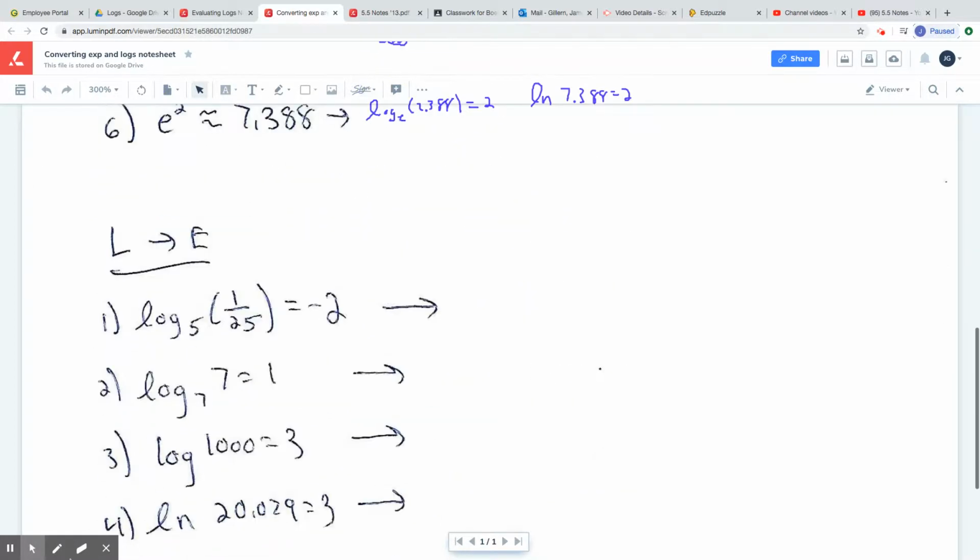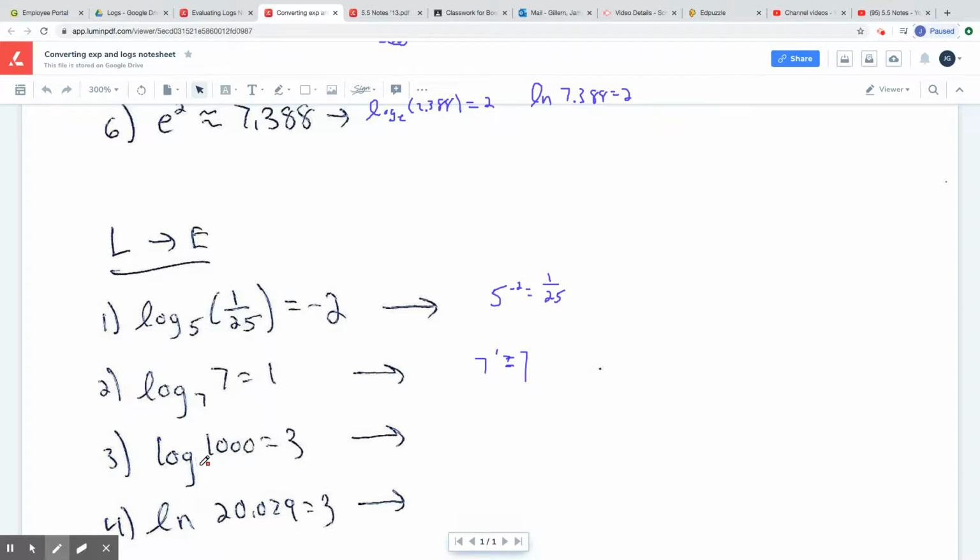So 5 to the -2 equals 1 over 25, which is true, because 5 to the negative 2 is really 1 over 5 squared, which is 1/25. Left, right, left: 7 to the 1 equals 7. 7 to the first equals 7.